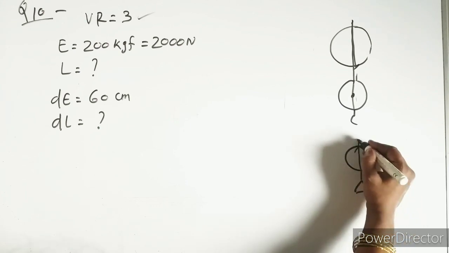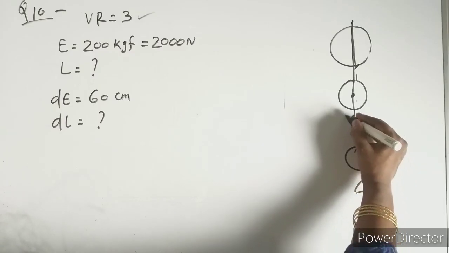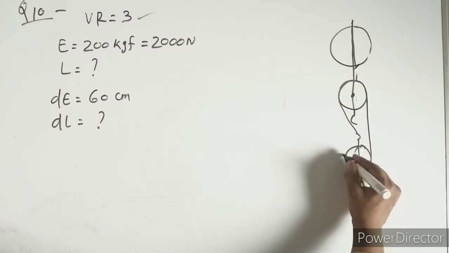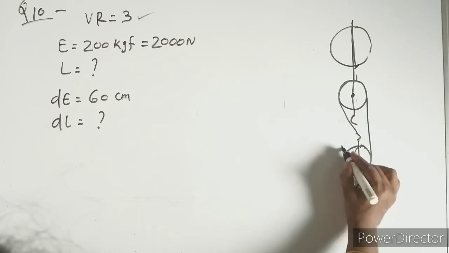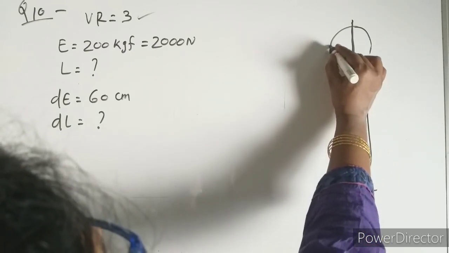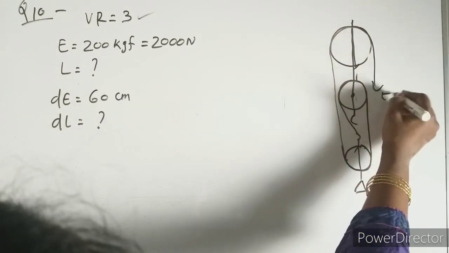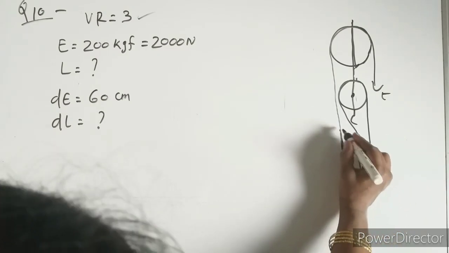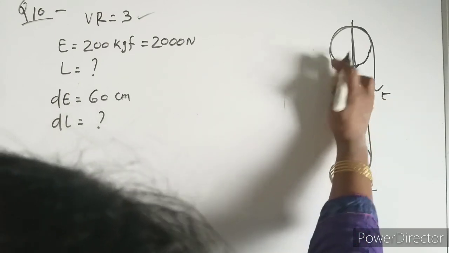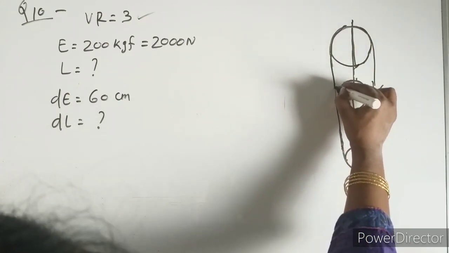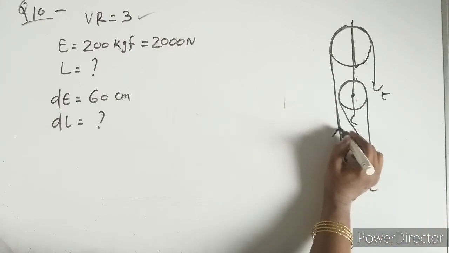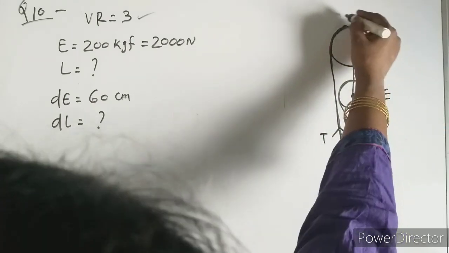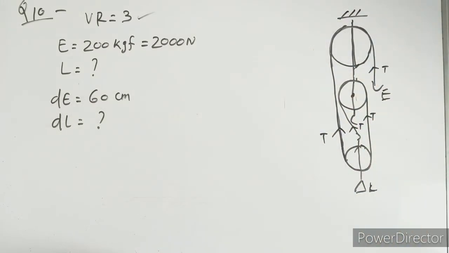Here this one will be the load, and this one will be the effort. Remember, all these things should be straight lines. This one is tension, this one is tension, this one is tension, and effort is supported by one tension, and this one will be the load.